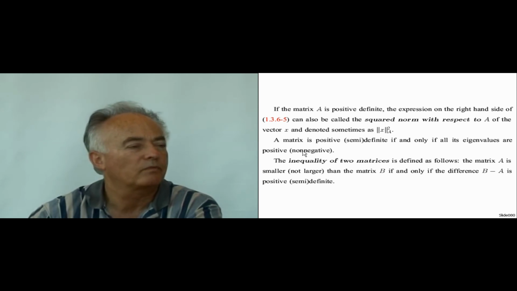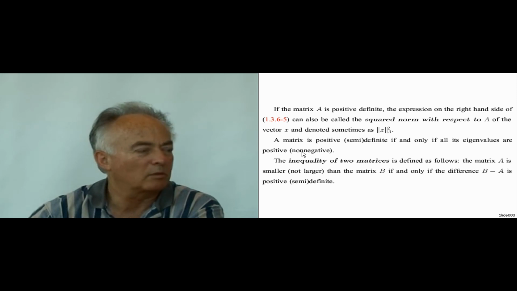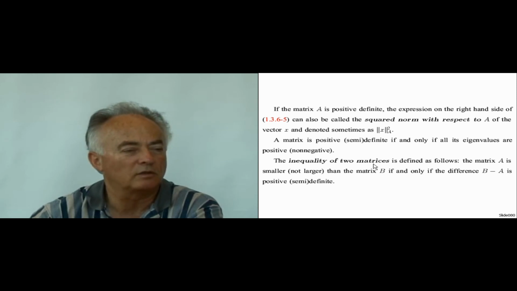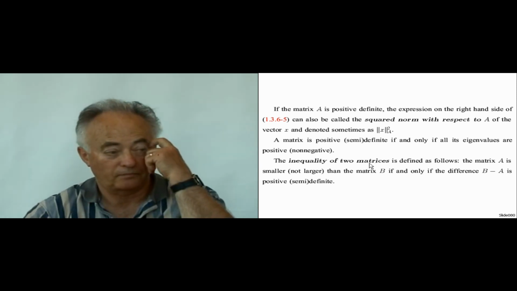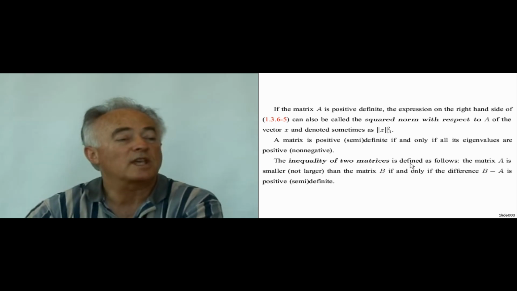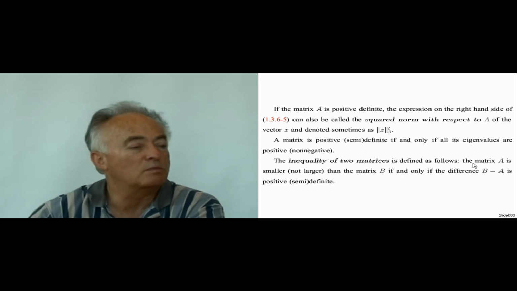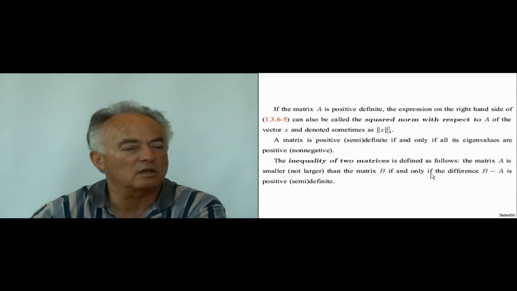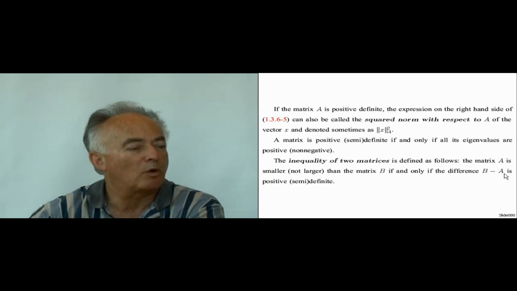Now, when we talk about comparison of two matrices, an inequality can be written as follows. The matrix A is, say, smaller than the matrix B if and only if the difference B minus A is positive definite.